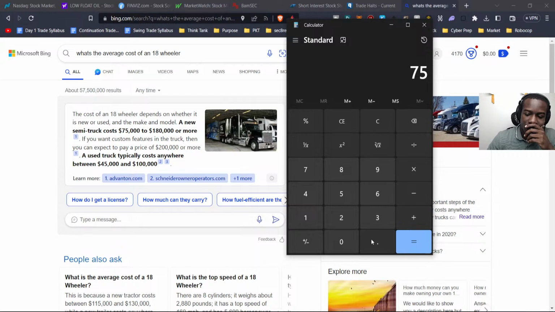We'll just use those two numbers, 75,000 plus 180,000, divided by 2. So we will go with around 127,000, just a median. And they're buying 12. So times 12, that'll be about $1 million.